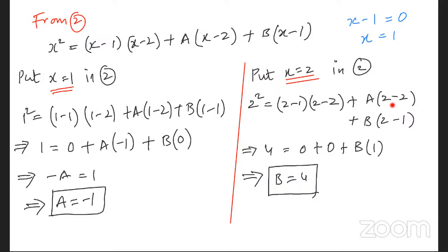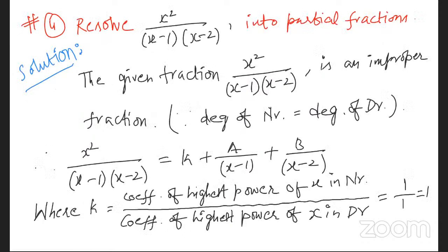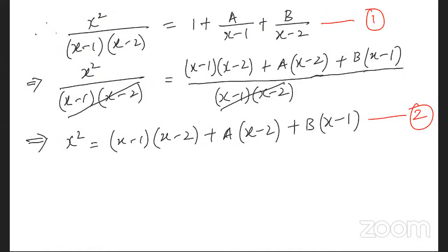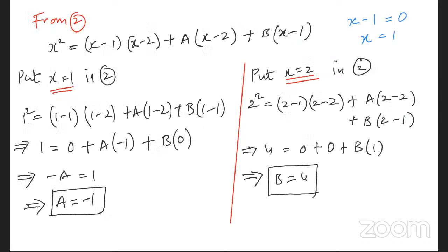Now substitute these values in equation 1. What is equation 1? x square by (x minus 1)(x minus 2) is equal to 1 plus a by (x minus 1) plus b by (x minus 2). So you have to substitute the values of a and b in equation 1. What are we going to get?